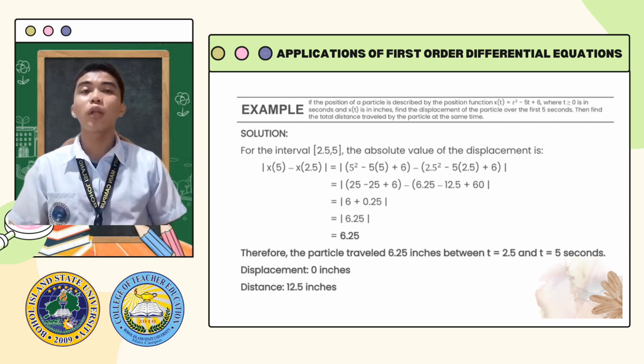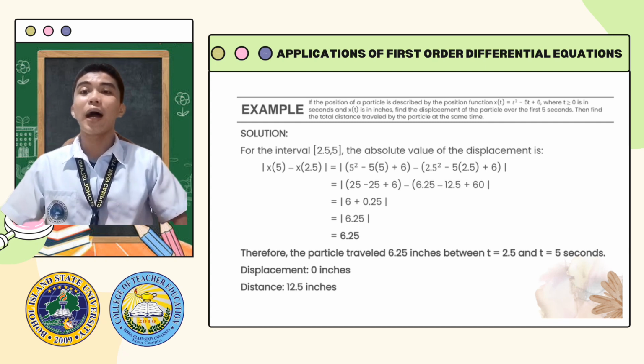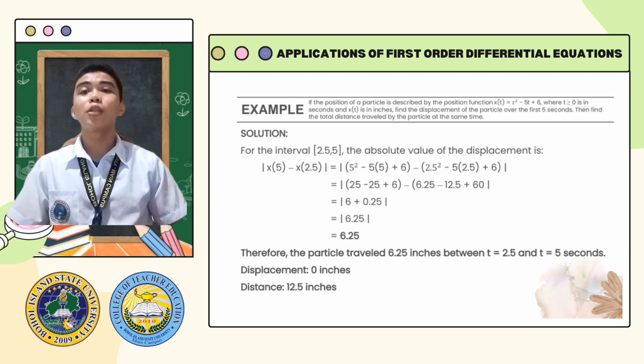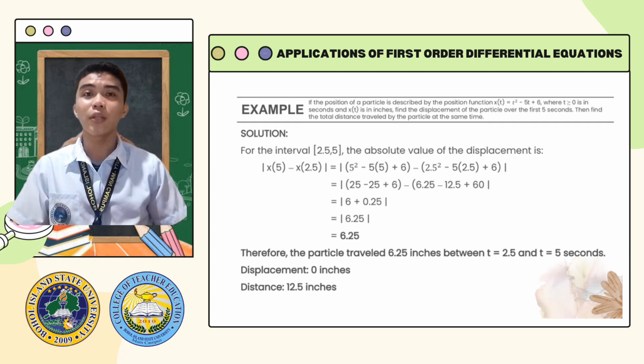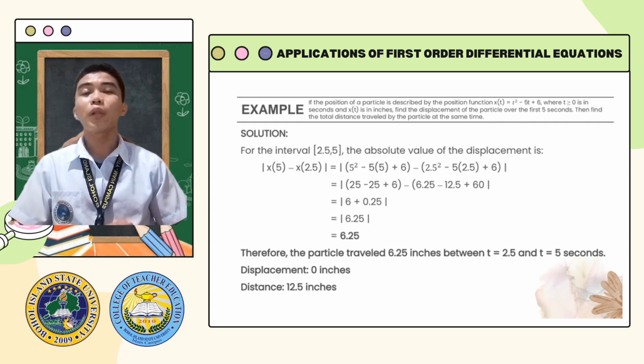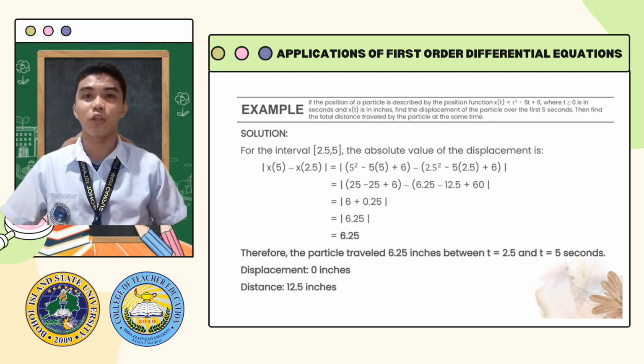So our total distance traveled by the particle is 12.5 inches, because we just add the displacement value from 0 to 2.5 seconds and the displacement value from 2.5 to 5 seconds, which are both 6.25. So we add 6.25 plus 6.25 equals 12.5 inches. That is the total distance traveled by the particle.